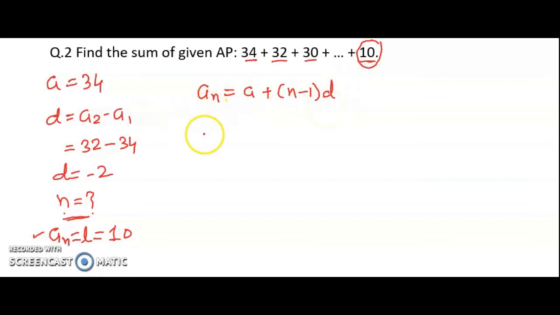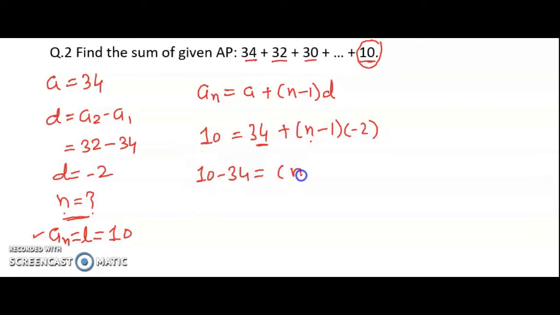Here an is given as 10, a, the first term, is 34, we have to find n, and d is minus 2. From this formula we will find the value of n, and then we will put it in the formula of Sn. If you simplify, 34 goes to the left hand side, so 10 minus 34 equals (n minus 1) multiplied by minus 2.